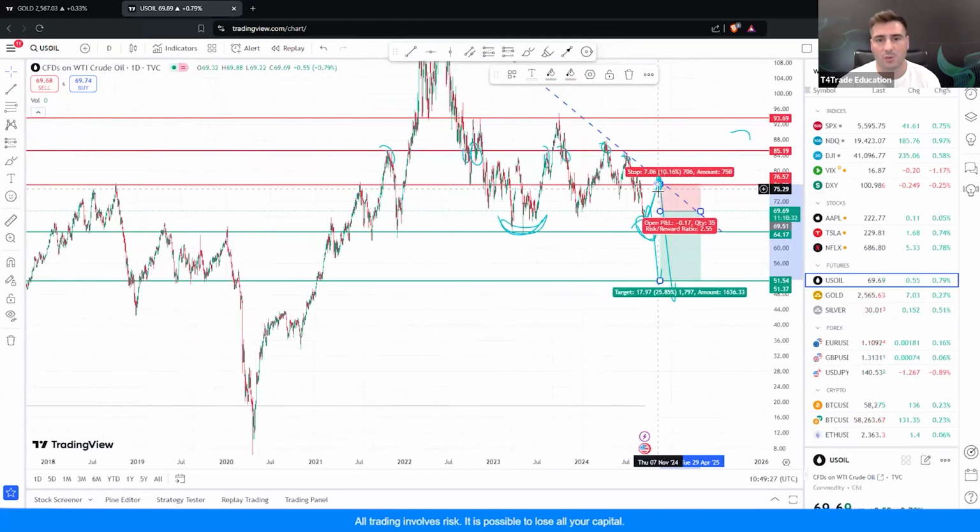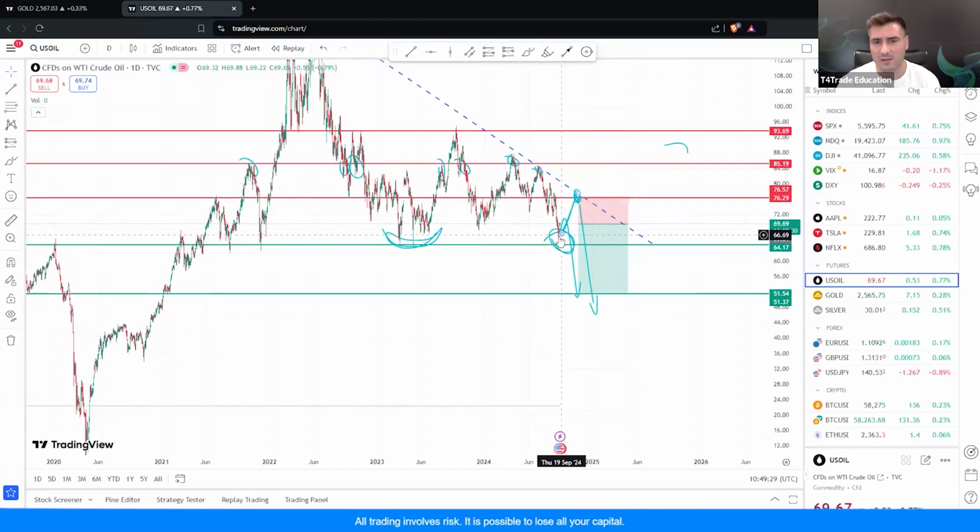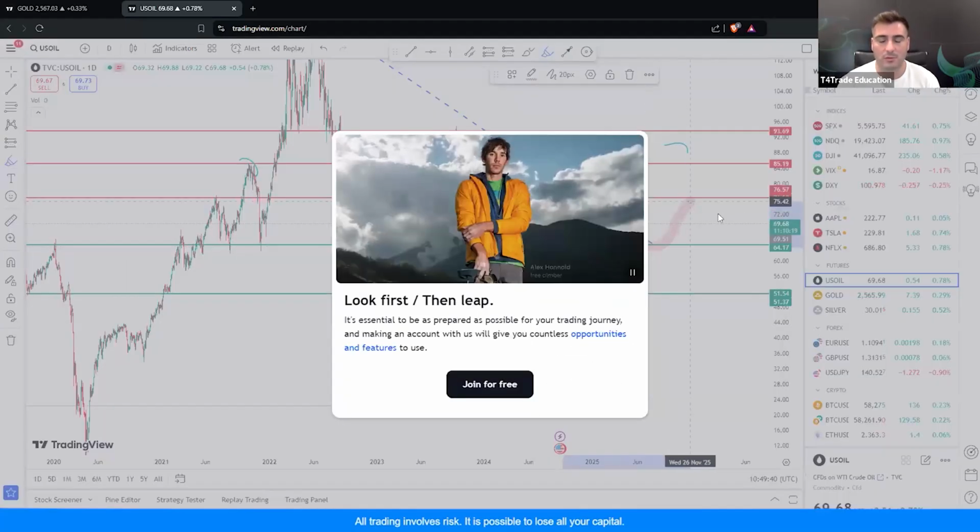If and only if we see the failure of the price action rebounding and breaking above this descending trend line and shifting the trend. Okay, for the time being, from what I'm seeing right now, we're going to see some sort of consolidation in these two bounds, 75 and 64.